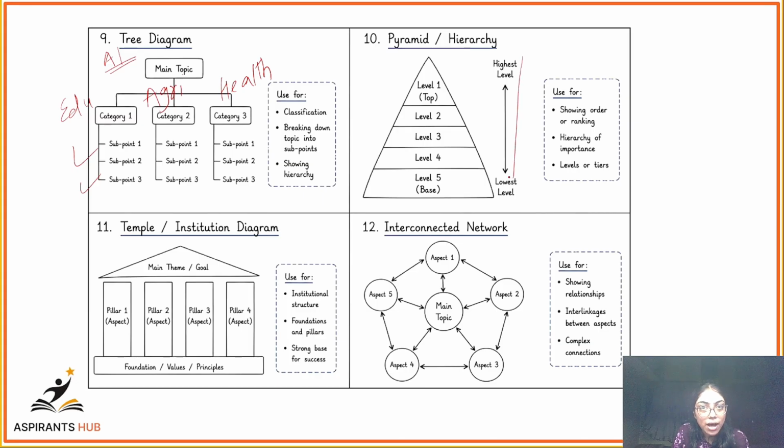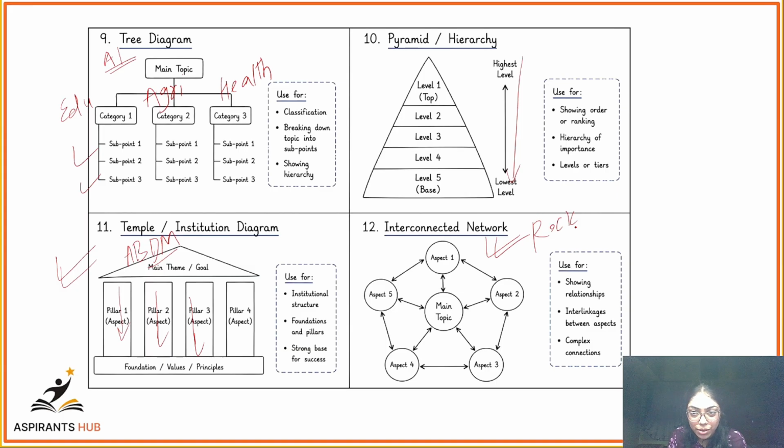Then you have a pyramid or hierarchy, for example the healthcare system in India: primary, secondary, tertiary. For all that you can use this. Then you have a temple or institutional diagram. Let us say we have the Ayushman Bharat Digital Mission and want to show the components of that mission: pillar 1, pillar 2, pillar 3. Then you have an interconnected network, for example a simple diagram on the rock cycle.